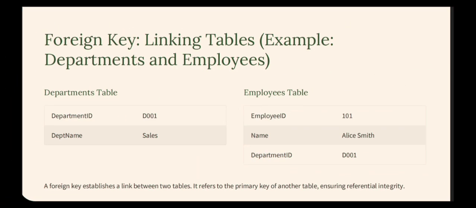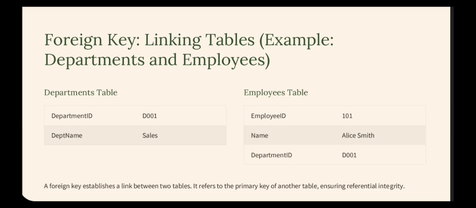So next key in our today's topic is foreign key. This foreign key is a linking key between the two tables. So here in our today's example, department ID is D001 and department name is Sales.